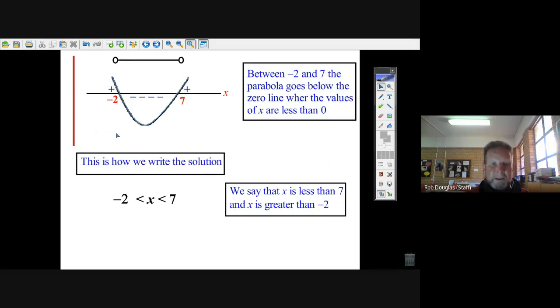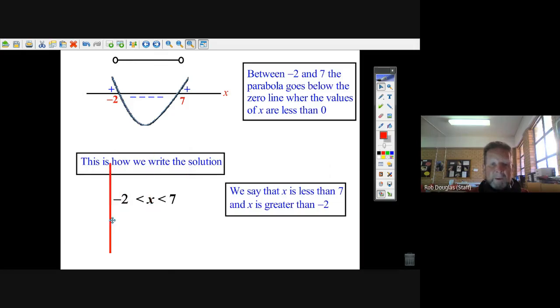This is how you write the solution. You put the 7 and the minus 2 on either side, and you put an x in the middle, and you want to say that x is less than 7 and x is greater than minus 2. You see, from the x, when it's closed, it reads x is less than 7 and x is greater than minus 2.